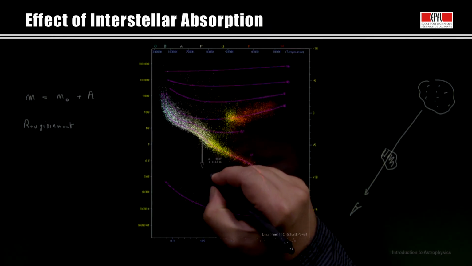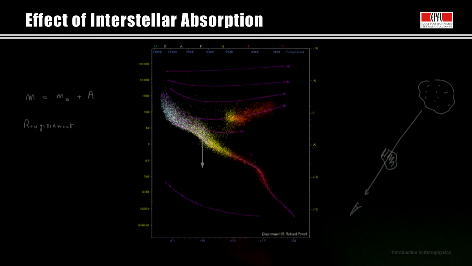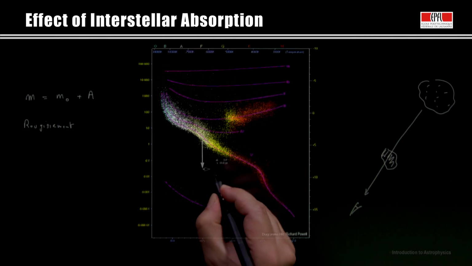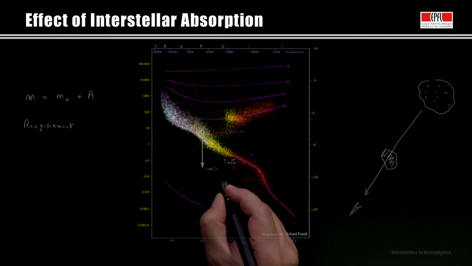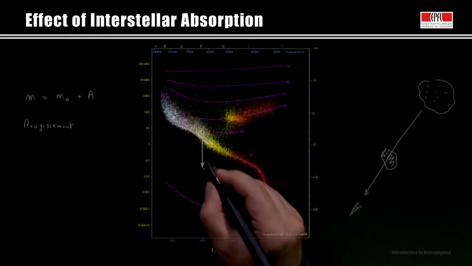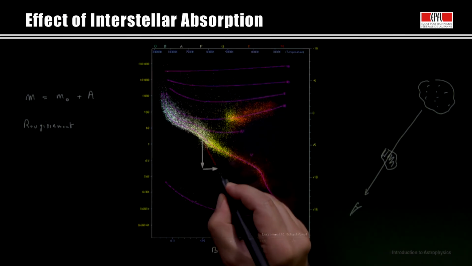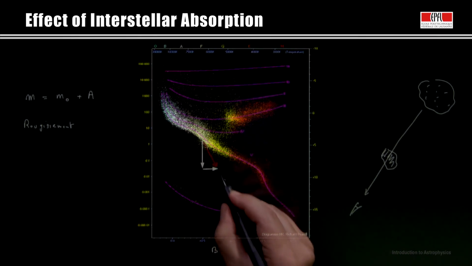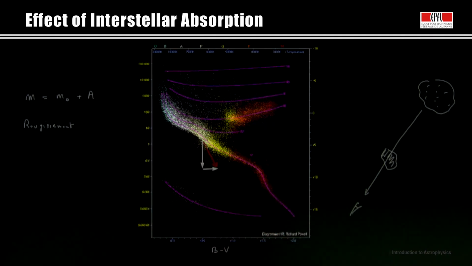The sequence is shifted downwards, but also reddens, which means that we have a reddening vector in the direction of increasing BV. In conclusion, the diagram is shifted along a diagonal reddening vector.